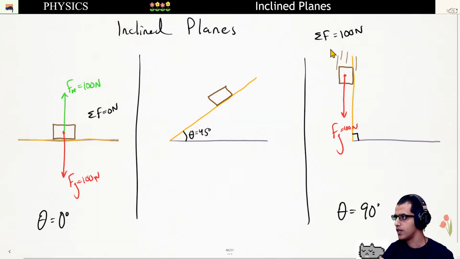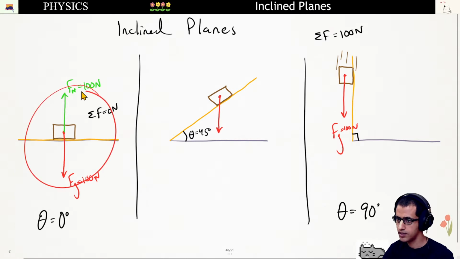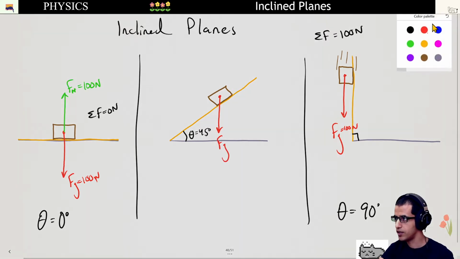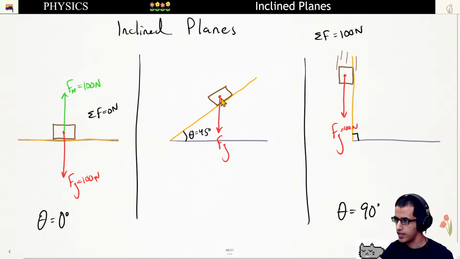So the force of gravity still acts downwards here, but now it's doing both things. It's both pushing the block into the surface, like in this example, and it is accelerating it down the incline, like in this example. So this force of gravity is going to be divided into two parts. One part acting this way, and one part acting this way.